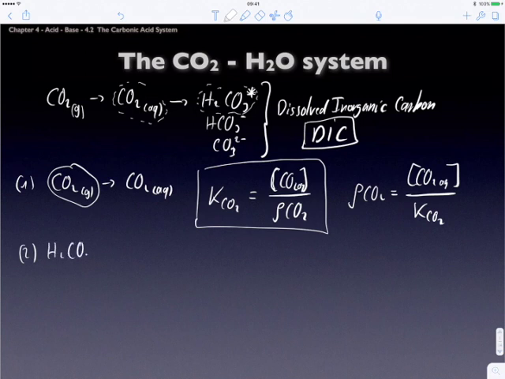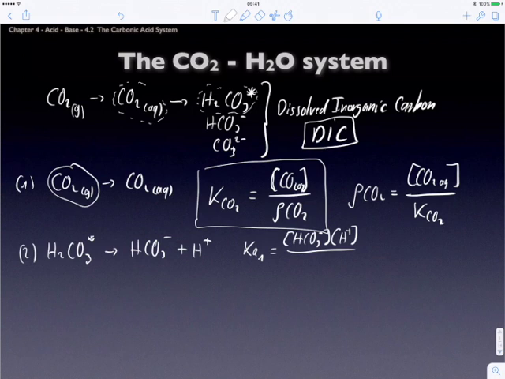The CO2, the carbonic acid, will give you your famous bicarbonate plus H+, with a Ka1 value that is equal to the bicarbonate concentration HCO3-, times the concentration of H+, divided by the concentration of carbonic acid in your solution.